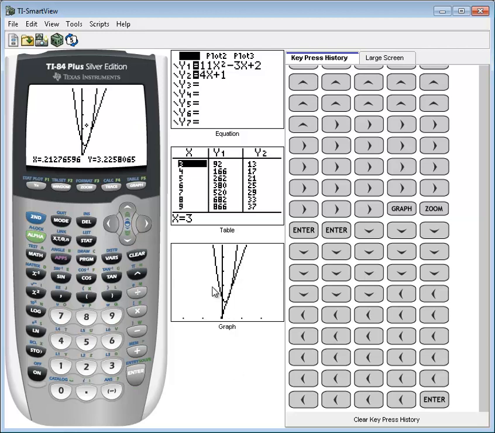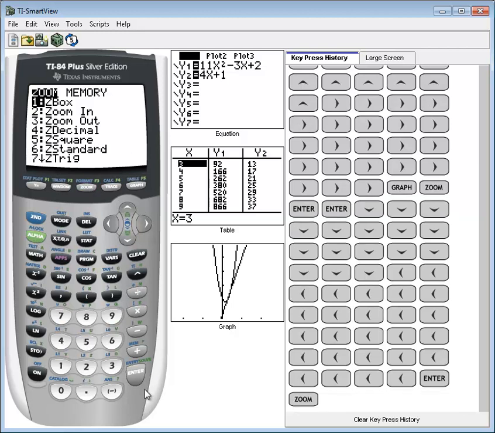Okay. I might even get a little bit closer. It looks like it hits maybe once or twice. It's really hard to discern, so I'm going to change my zoom again.